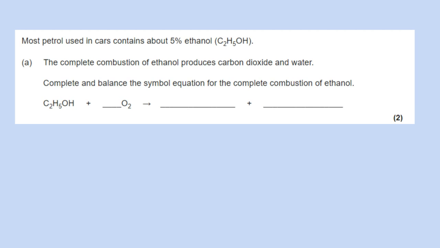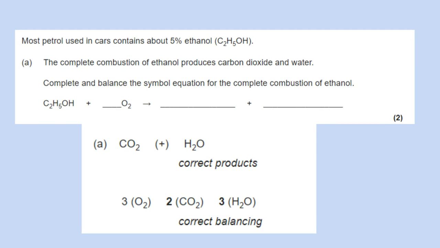So 1 mark of this 2-mark question will be for putting carbon dioxide and water's symbols on lines. The other mark will be for balancing the equation, okay? So the answer, we have 3 lots of O2, 2 lots of CO2, and 3 lots of H2O.